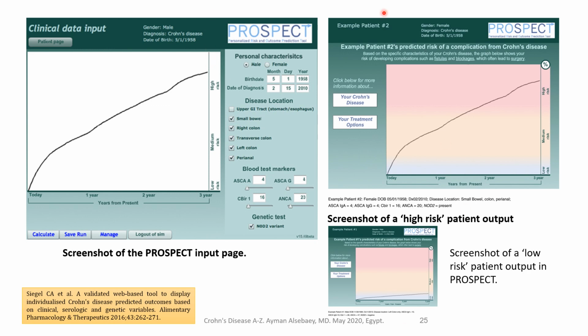These are screens from the program where I will put the data. He is male or female, birth date, date of diagnosis, okay, to know the time of diagnosis of the disease. Then the location of the disease: upper GIT tract, small bowel, small colon, right colon, for example, transverse colon, left colon, perianal.